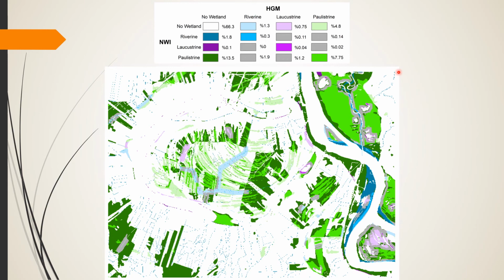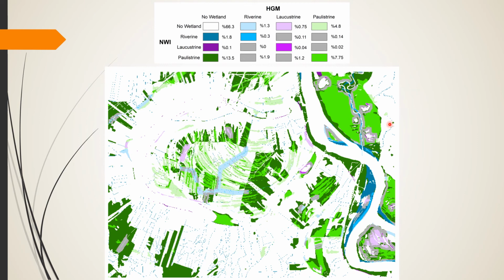And it's really interesting to see these false negatives here, because it potentially points to something very intriguing. As I said earlier, a lot of the area around the Oxbow Lake is agricultural, and the NWI data was collected in the 70s and 80s within this area, while the HGM is based on more modern data.